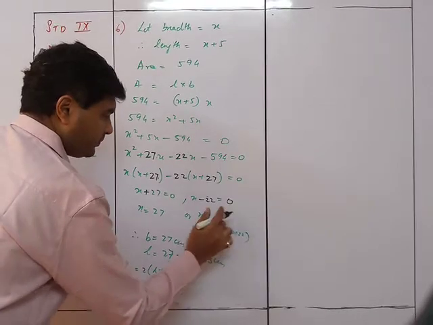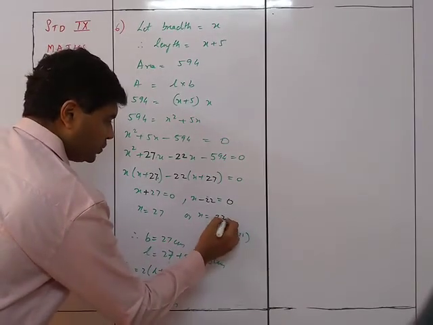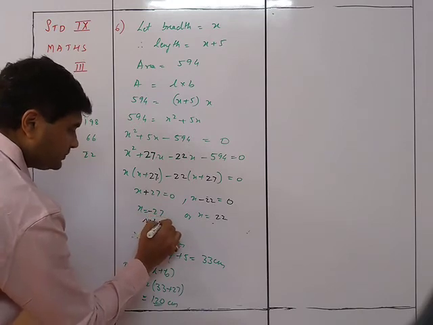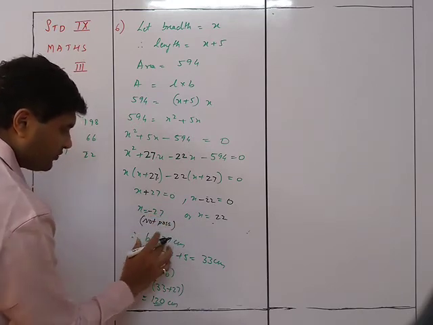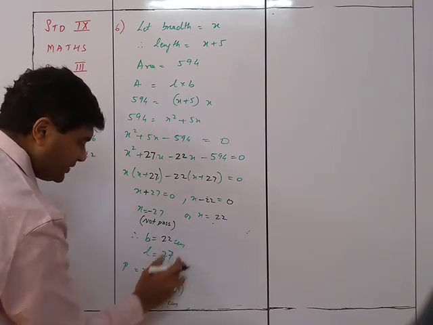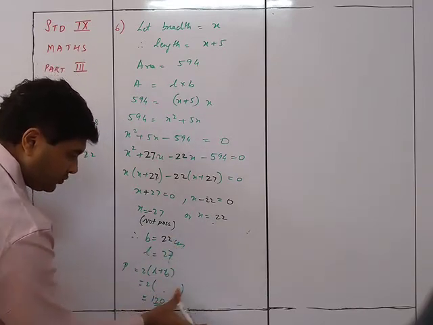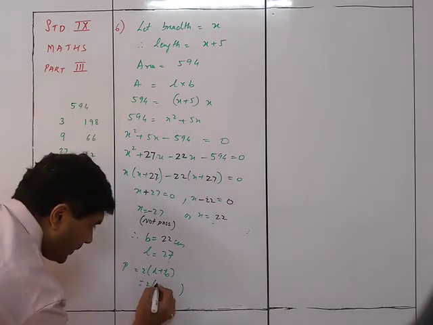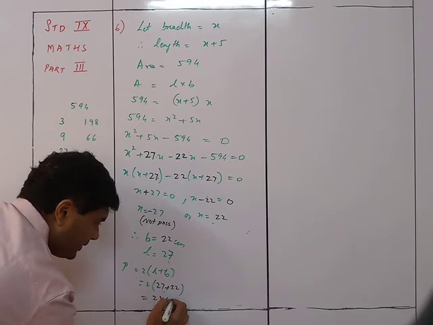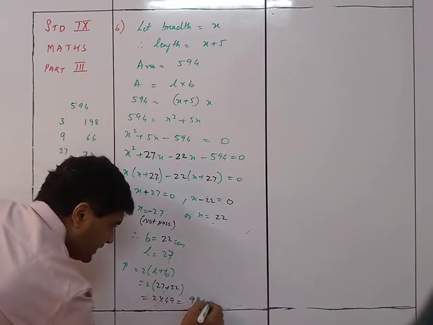So here you get x is 22 or minus 27, which is not possible. So therefore B is 22 and L is 27. So perimeter is 2 into 27 plus 22, which is 2 into 49, equal to 98 centimeters.